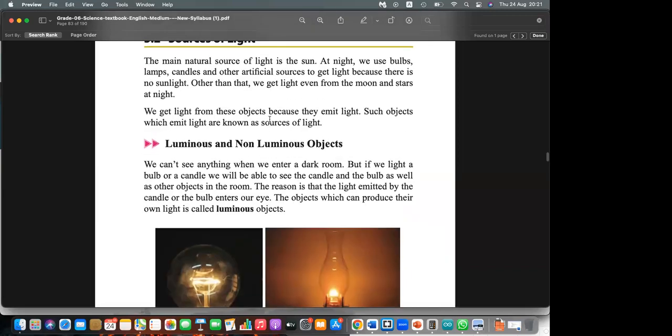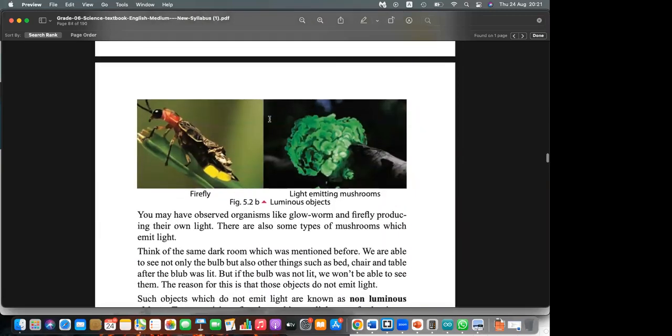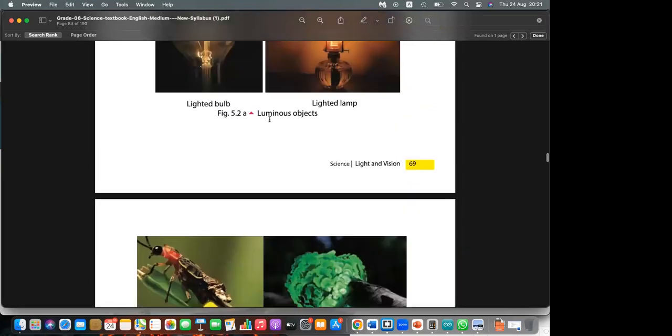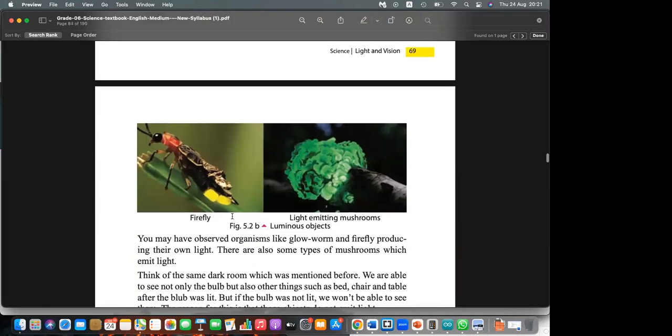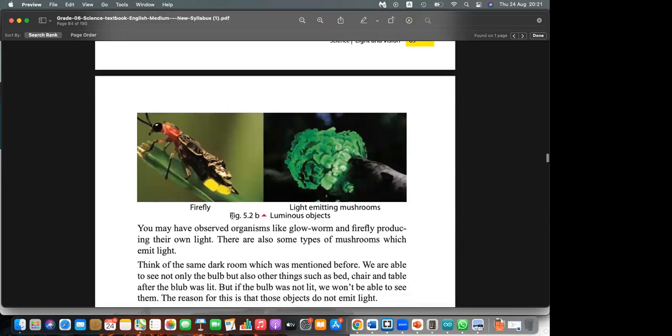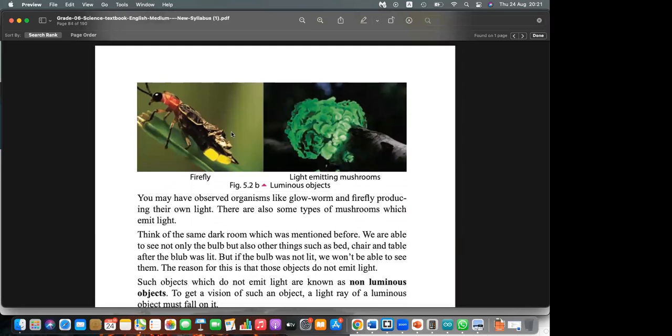Right? There are many. Then, not only that, there are chemical reactions which form light. Have you seen a firefly? So a firefly has that capability. Also, there are light emitting mushrooms, not artificial.